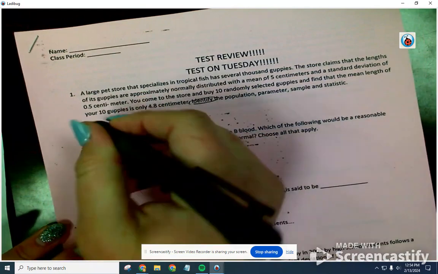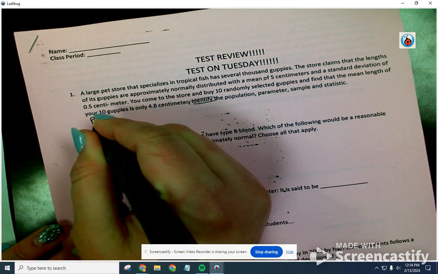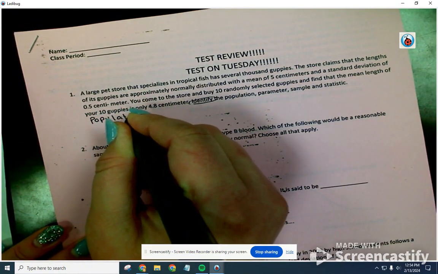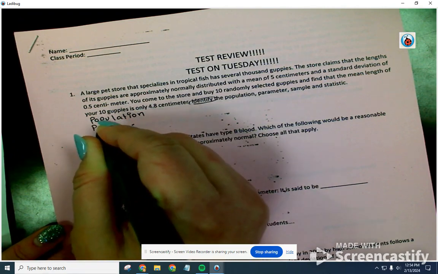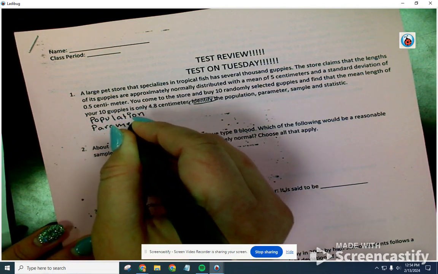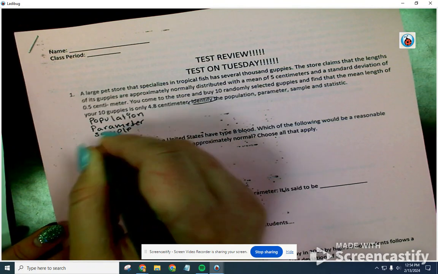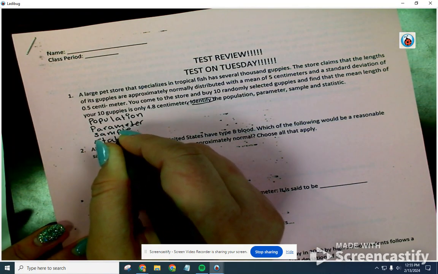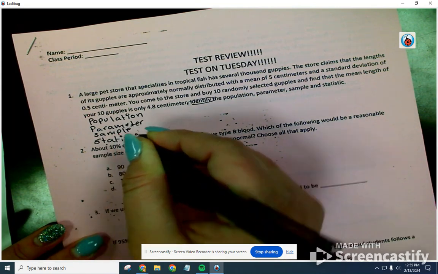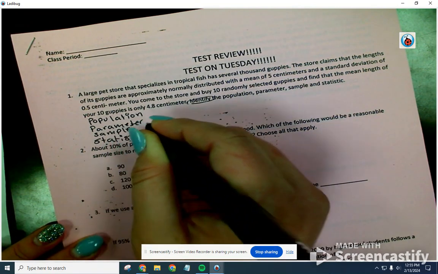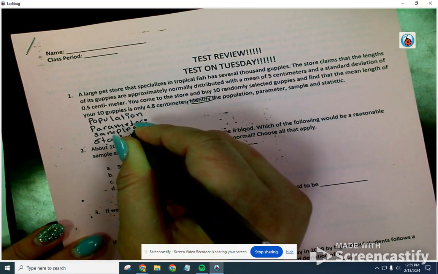are. So over here, I'm going to write population, parameter, sample, and statistic. So if we go right down the line, we're going to start with population.